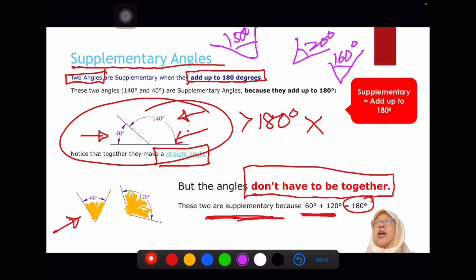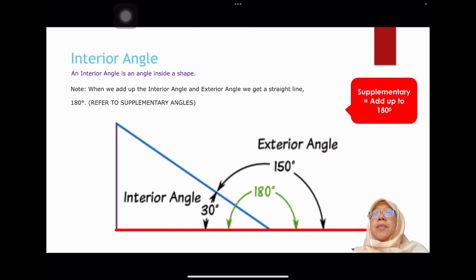Which one will be the supplementary angle? You color this one and this one. 160 plus 20 will be 180 degrees, but not this one. That's how you give exercises to your students which are fun and colorful, and they can remember better.